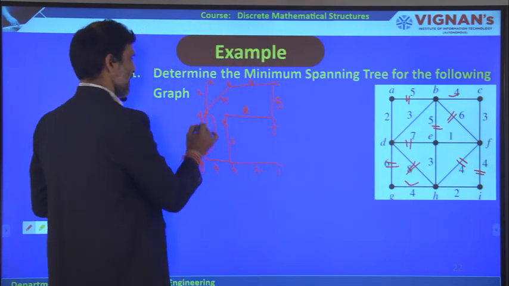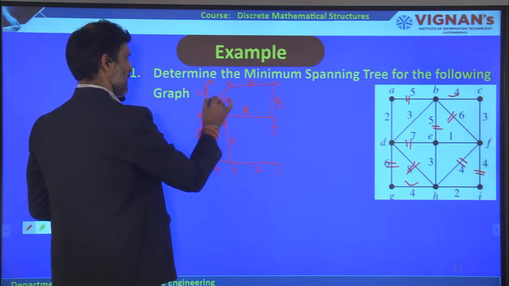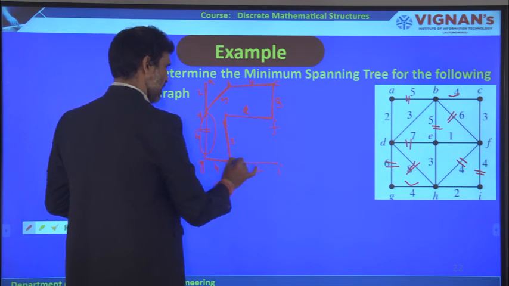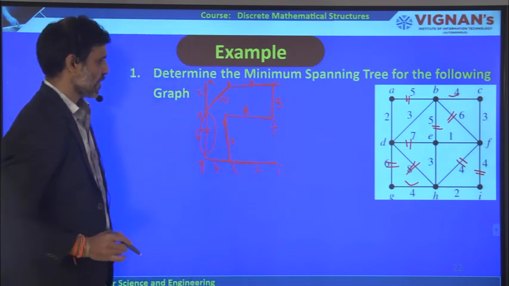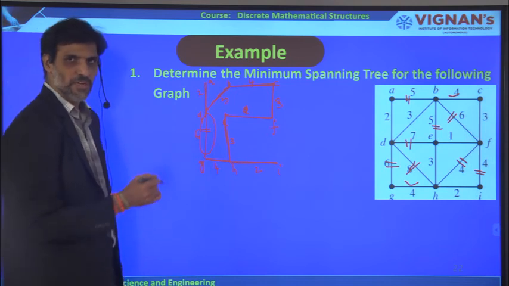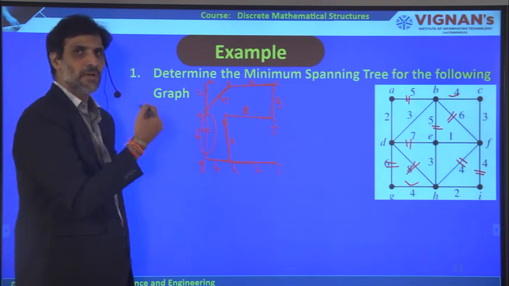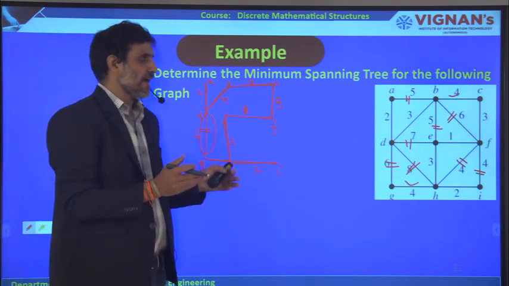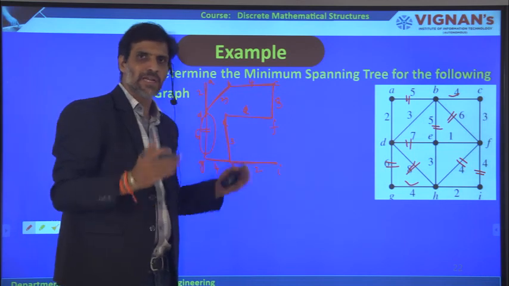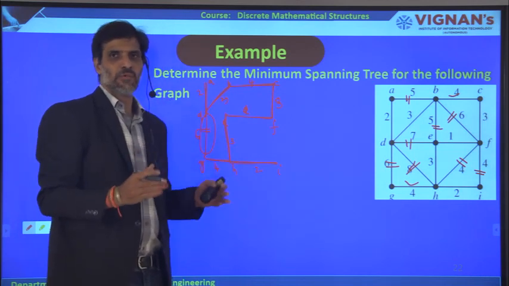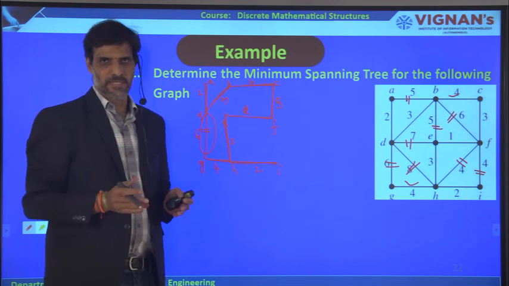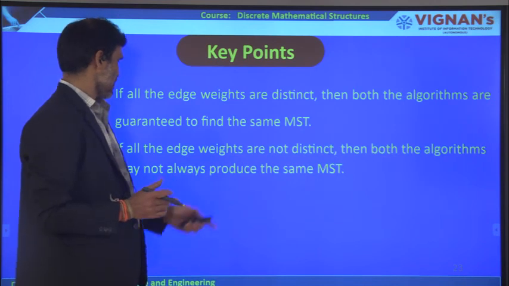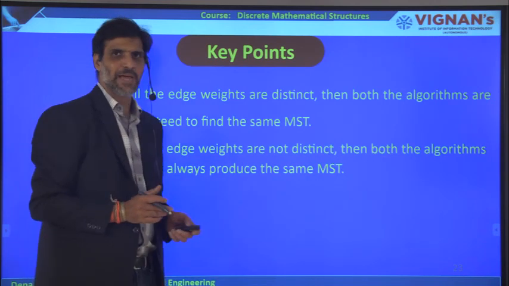So finally we'll get it like this. This is the spanning tree which we got by using Kruskal's algorithm. In the previous case, we got a different spanning tree by using Prim's algorithm. So the important point here is that they may not always produce the same spanning trees.